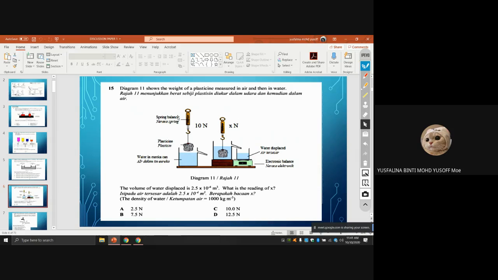What is the connection between the weight of the object in air, the apparent weight, and also the buoyant force?